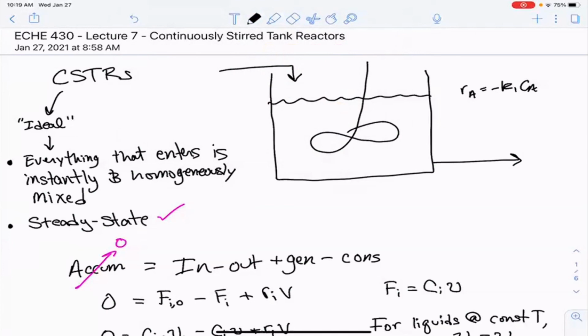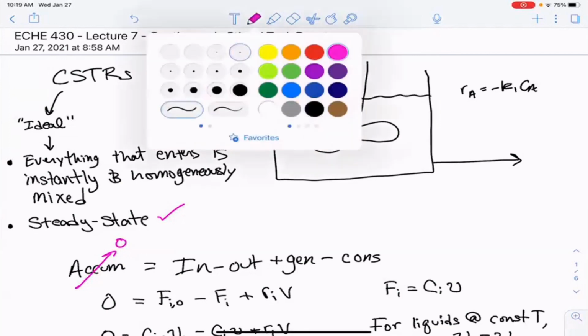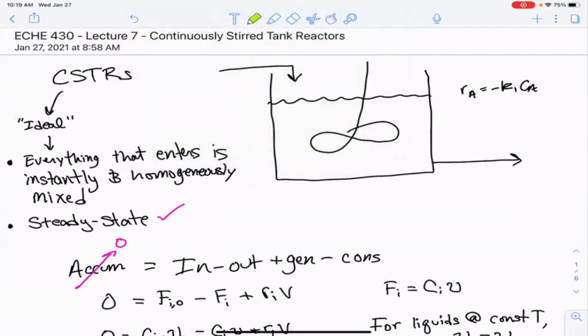If you think about that, let's just say that we had a really small flow rate, and maybe I won't make them quite this small. Okay, here, let me do this. So let's say that these each behaved as a mini CSTR, especially if our volumetric flow rate was low.